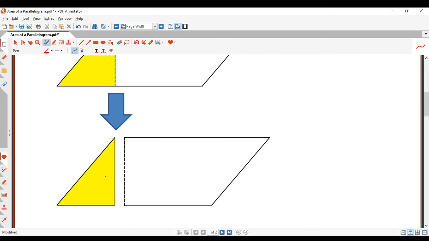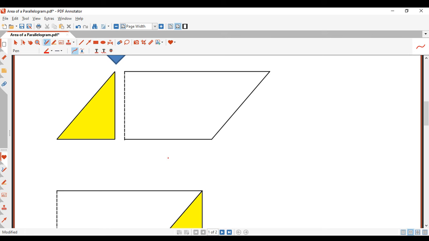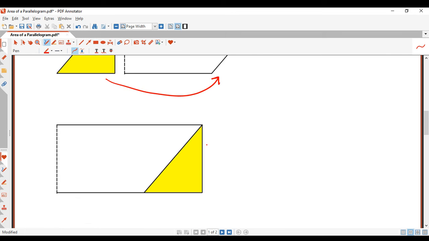We cut that corner off, and then we slide it across. We take that corner and put it over here. And what you should notice is that a rectangle is formed. From the parallelogram, we've made a rectangle.